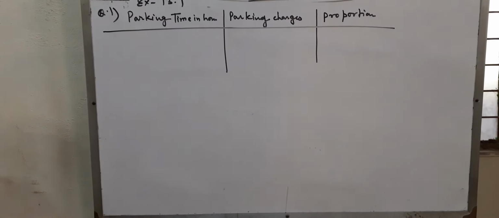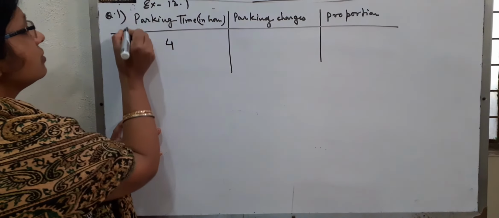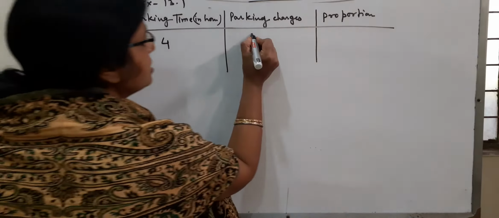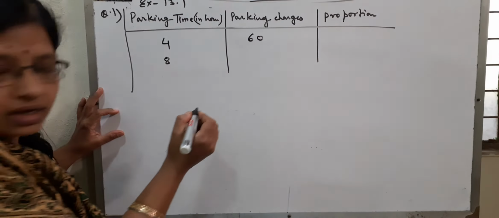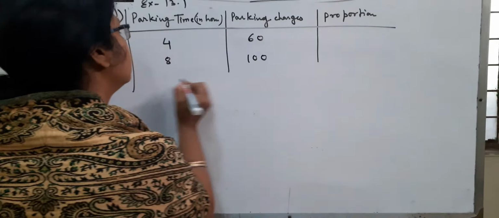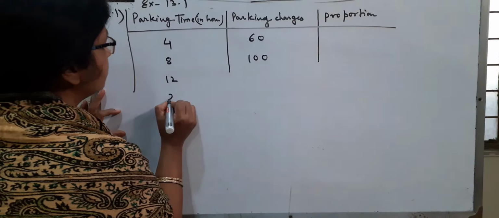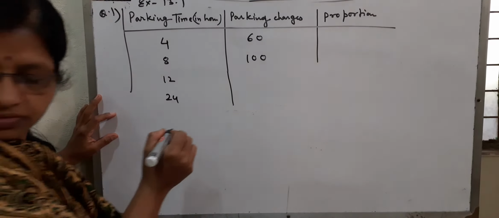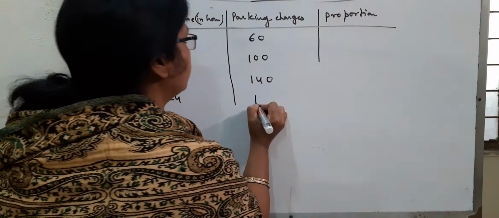Parking time first is 4 hours, rupees 60; 8 hours, rupees 100; then 12 and 24 hours, rupees 140 and rupees 180.